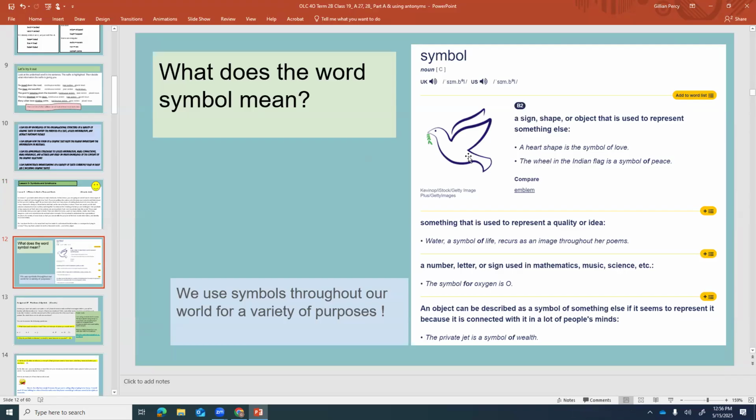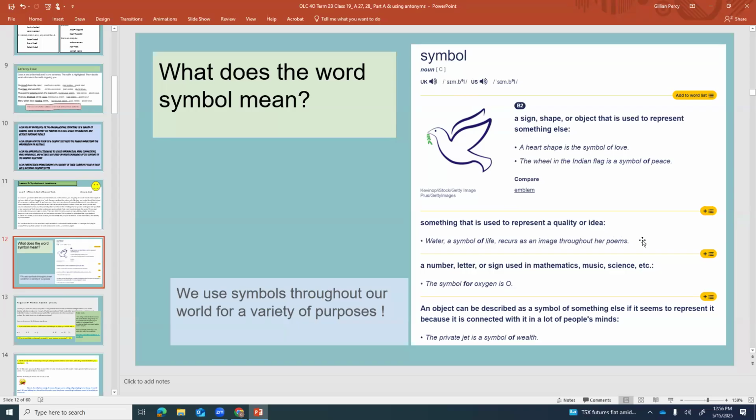It's based on a biblical story about a dove that goes out and finds some green plants that shows that people are at peace. But anyways, the idea here is that there are symbols and that we get used to in our culture to a certain symbol meaning something. Like if I saw a heart, I know it means somebody's talking about love. The wheel in the Indian flag is considered a symbol of peace.